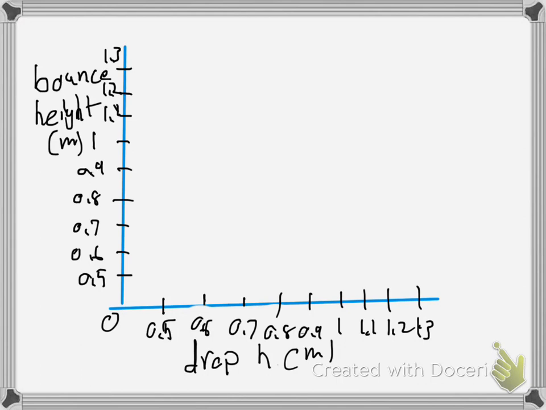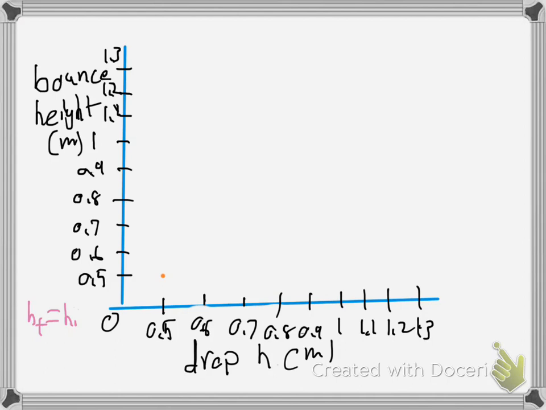Okay, so let's say the way our data is at low speeds, it was very elastic. So you want to explain what that means. If it is nearly elastic, remember that means that the bounce height is going to be very close to the drop height.